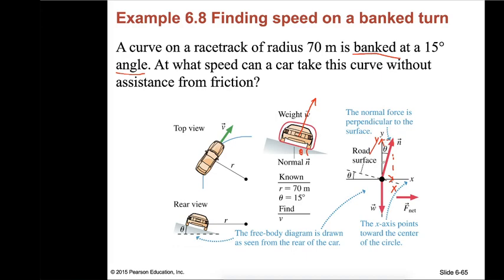The y component of the normal force will be balanced by the weight, but the x component of the normal force could be used for providing the centripetal force, which gives you the centripetal acceleration.